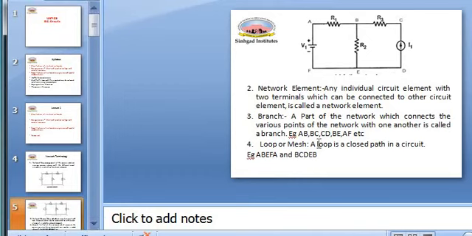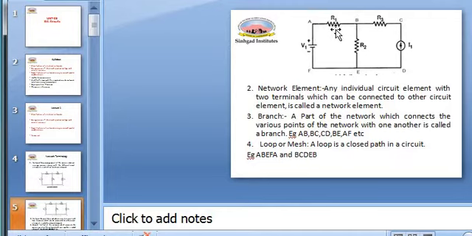The next point is network element. What is a network element? It is any individual circuit element with two terminals which can be connected to other circuit elements. What does it mean? Resistance R1, resistance R2, resistance R3 are network elements. Voltage source V1 and current source I1 are also network elements which have two terminals.